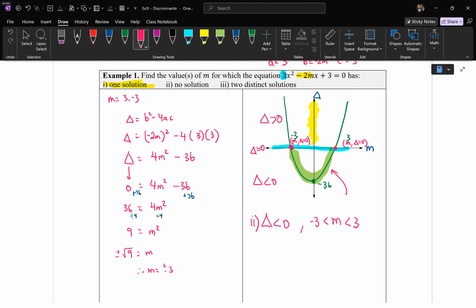So if you want no solutions, if I wanted you to have a graph that's not going to end up with any x-intercepts at all, I would choose an m value that's between -3 and 3. So you can come up with a number if you want. So m equals 1, no solutions. M equals half, no solutions. I can come up with any number there, and I promise you the result will be no solutions. So we can test that again. I'll go back again.